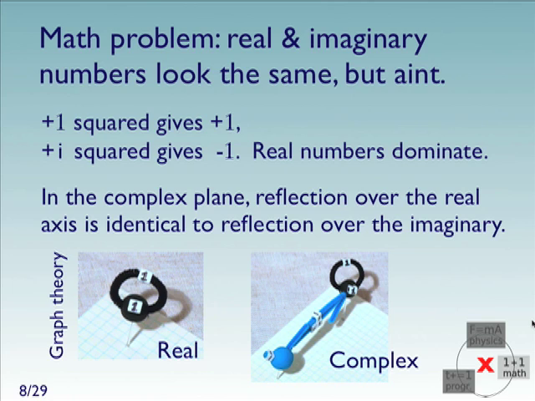This is with graph theory, where you label a vertex, you make a line and put a label on that line to get to another vertex. So with the real numbers, you've got a vertex where you've got 1, you've got an edge with a label 1, so 1 times 1 gives you 1. Real numbers love themselves. They come back to themselves.